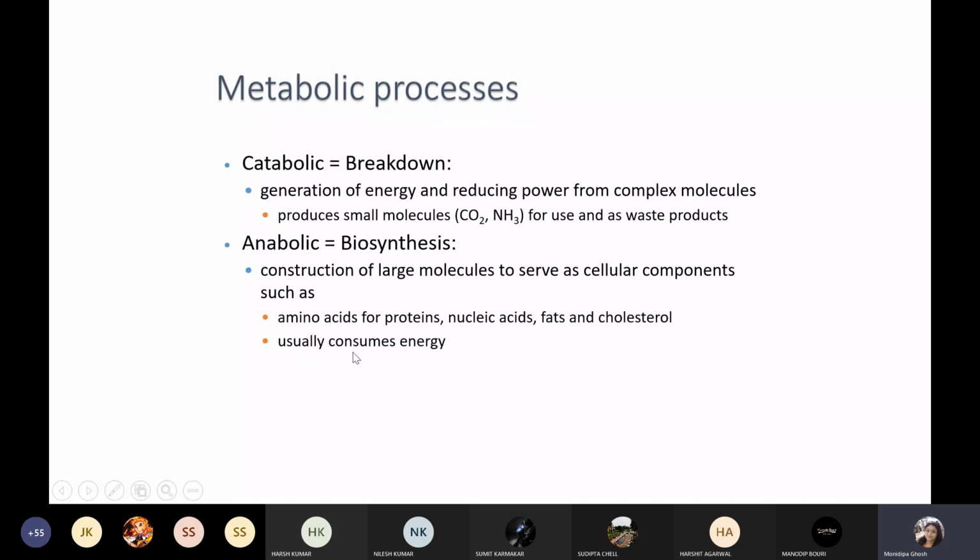So, to produce something, you have to put in energy, and after respiration you are cleaving larger molecules into smaller ones, where the breakdown is the catabolic reaction and the generation of energy has a visible effect.